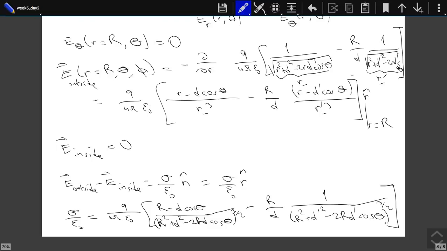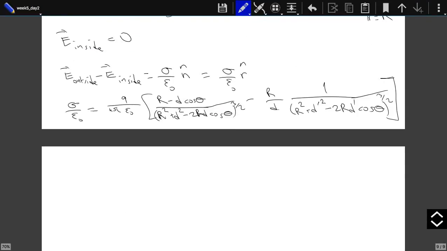Well, we can simplify this further. To simplify it further, we have to use the fact that d prime is R squared over d. Remember, this was what we had obtained for d prime. If you put it over there, you will see that there are significant simplifications and you obtain the surface charge density.